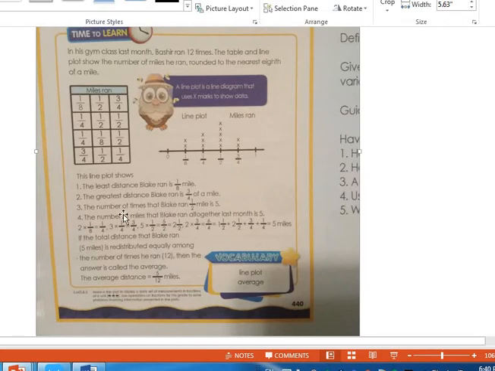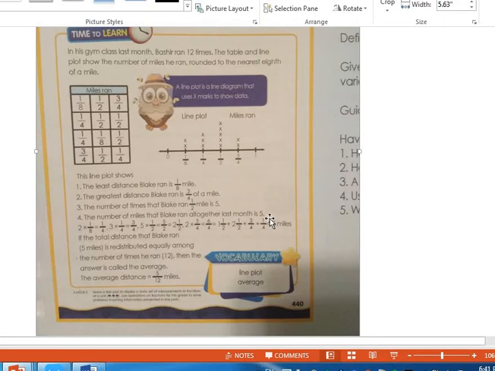So the number of times that Blake ran half a mile: how many times did he run half a mile? Let's go and see half mile. How many times? 1, 2, 3, 4, 5.